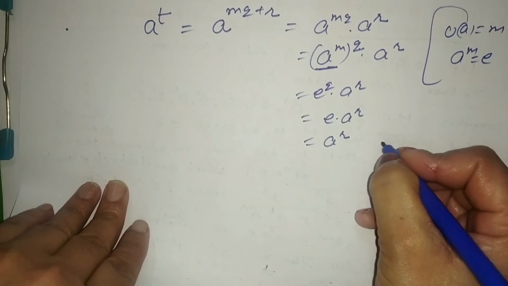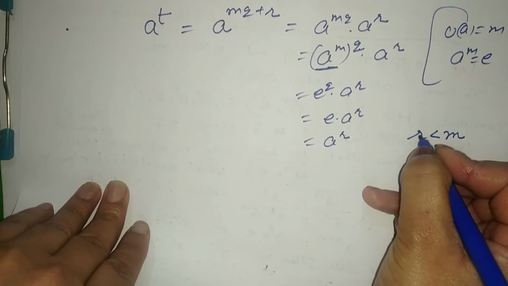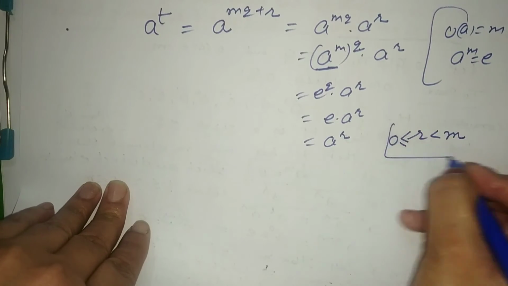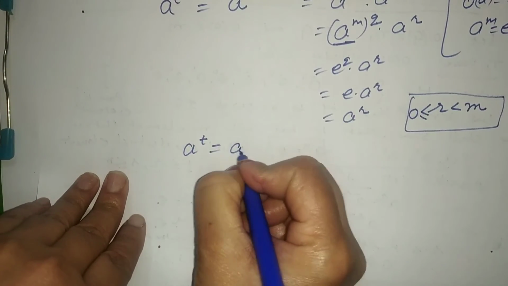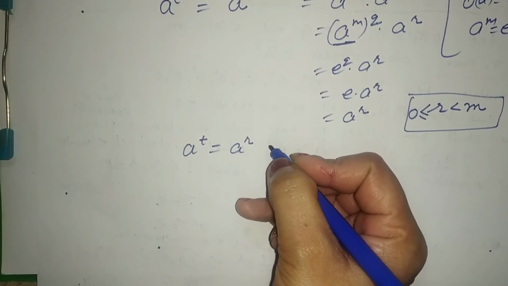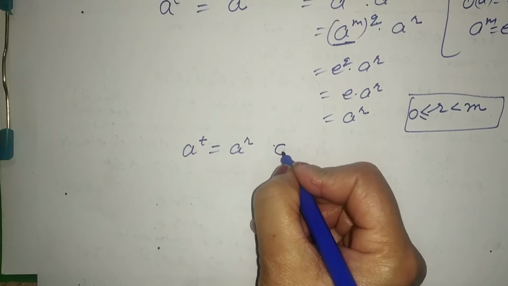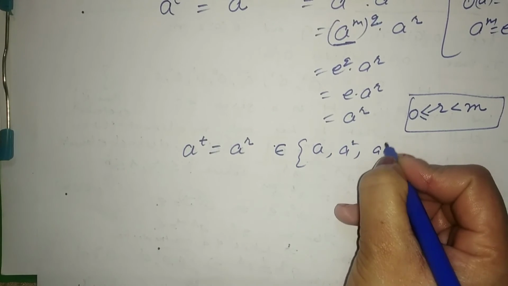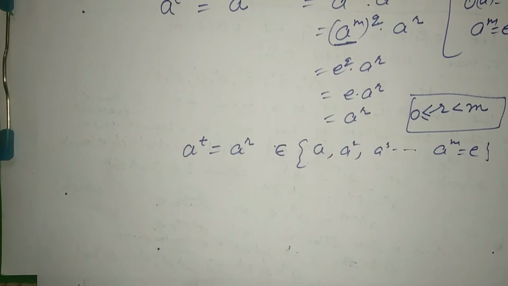And what is a^r? r is the number which is less than the divisor, because it is the remainder, it must be less than the divisor and greater than or equal to 0. So what we get is that a raised to power t is nothing but equal to a raised to power r, and this belongs to the set {a, a squared, a cubed, ..., a raised to power m equal to identity}.